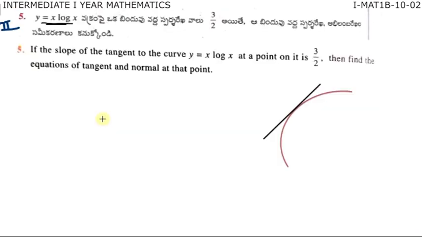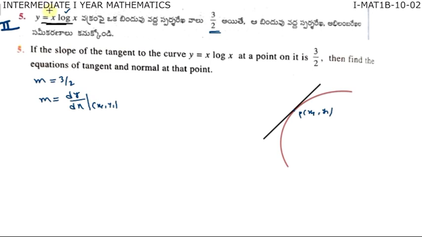So, in this problem, we have to find the tangent and normal equations to this curve, and the point is not given here. I am taking this point as P(x1, y1). Here the slope of the tangent is given, m is equal to 3 by 2. We know m is equal to dy by dx at x1, y1.